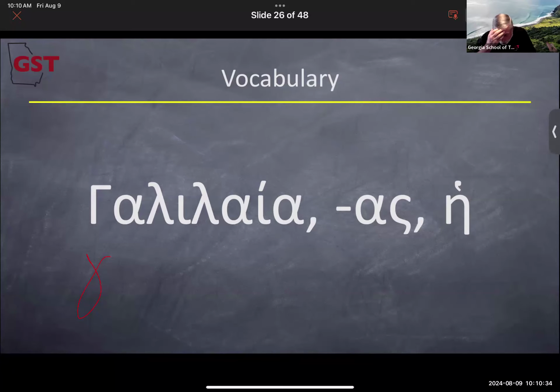Now where do we put the division? So after the first alpha, after the iota, and then after the iota again.